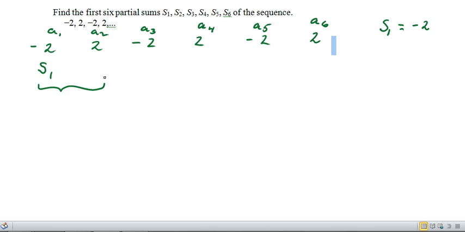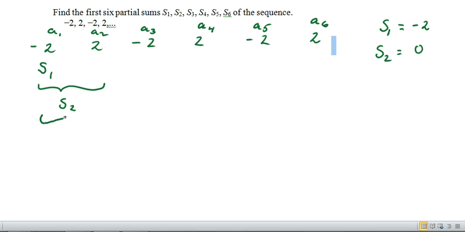Now, s sub 2 is s sub 1 plus a sub 2, or if you want, a sub 1 plus a sub 2. -2 plus 2 is 0. So this is our s sub 2.